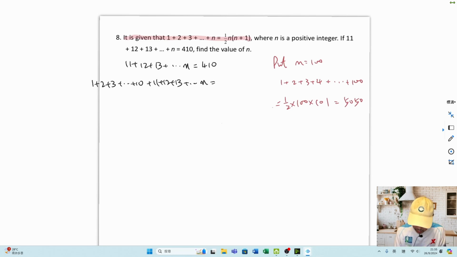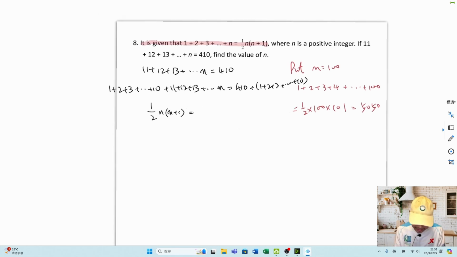Okay, so the right hand side is 410 plus 1 plus 2 plus 3 up to plus 10. The left hand side is the sum from 1, 2, 3 and up to n, which we can write as 1 over 2 times n times n plus 1. The right hand side is equal to 410 plus the sum from 1 to 10.